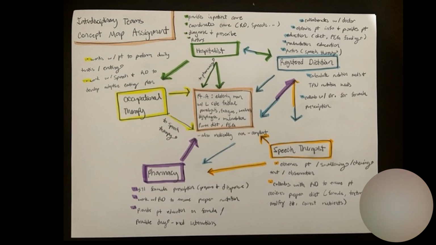This is especially true for patients on some type of tube feeding, needing some extra nutrients through different types of formulas, needing their nutrition needs calculated specifically, working with patients before and after procedures, referring patients to different specialties like speech therapy, occupational therapy, and collaborating with hospitalists and other type of physicians to make sure that a patient is receiving the correct nutrition for them to be discharged from the hospital and not suffer any malnutrition.